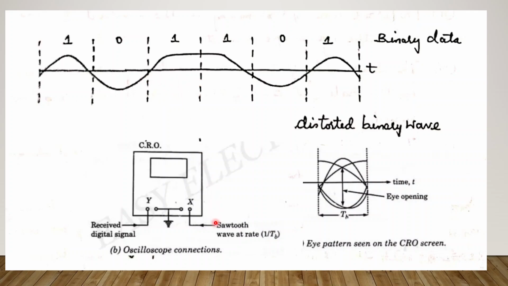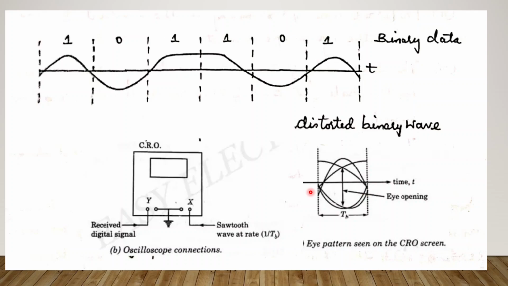So, the sawtooth wave is synchronized with the received digital signal. Then the CRO will display a waveform like this. It resembles a human eye.